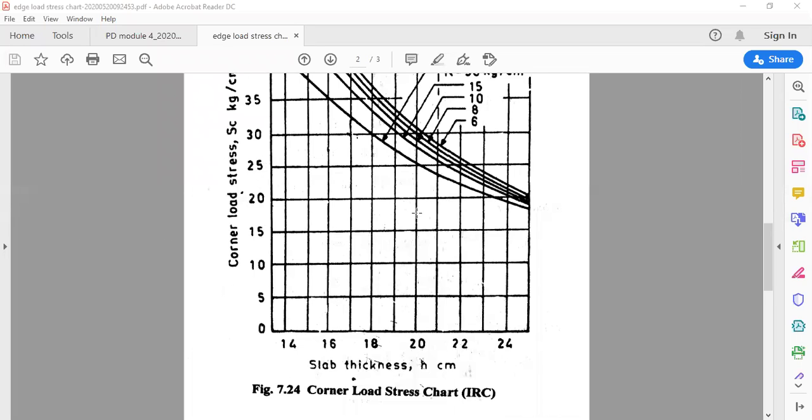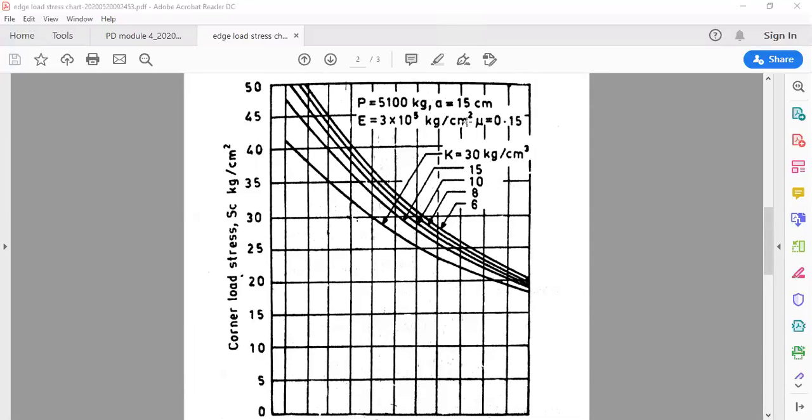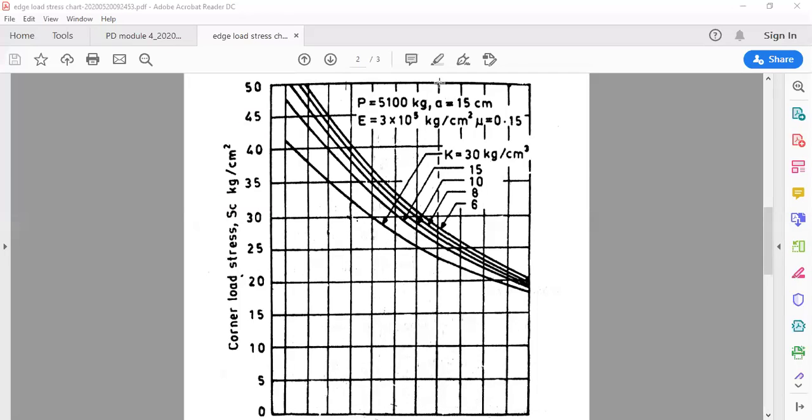With varying K value, I will be getting different corner stress or edge load stress. I hope I have made it clear how to refer to the design chart. If you have any doubt, let me clarify. Is it clear how to refer to this?